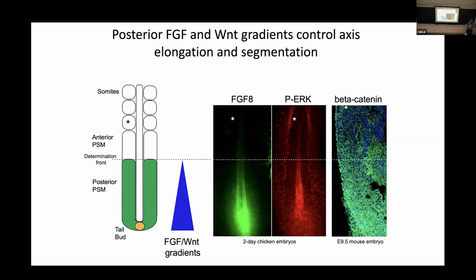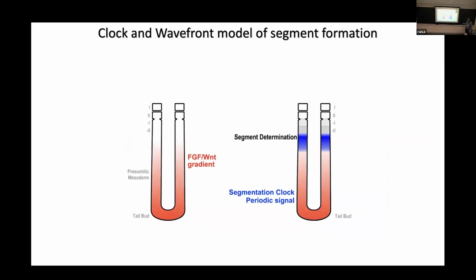And so these two gradients peak in the tailbud and decrease as you move along the presomitic mesoderm, defining what we call a determination front, which is essentially a competence window to respond to the clock. And you'll understand on this movie.